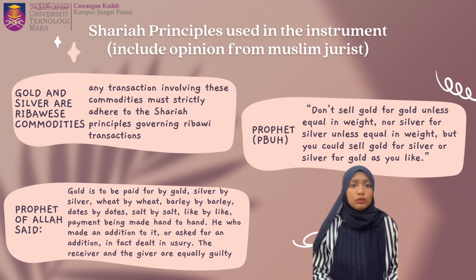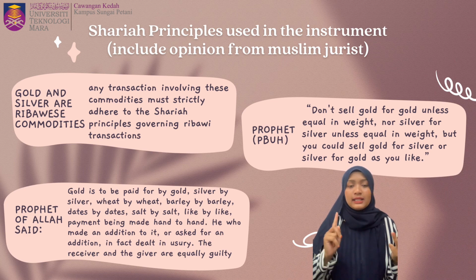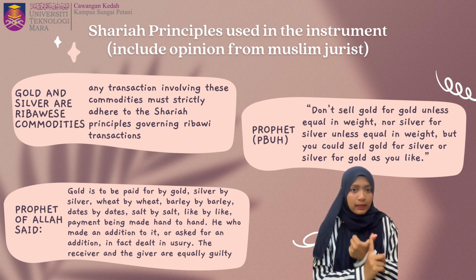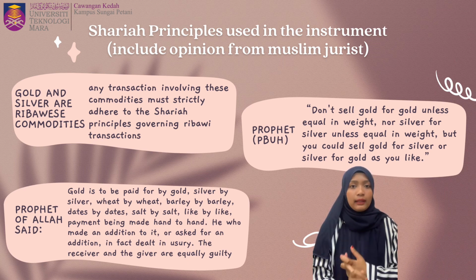Abu Sa'id al-Khudri reported Allah's messenger as saying, "Gold is to be paid for by gold, silver by silver, wheat by wheat, barley by barley, dates by dates, salt by salt, like by like, and payment being made hand to hand."